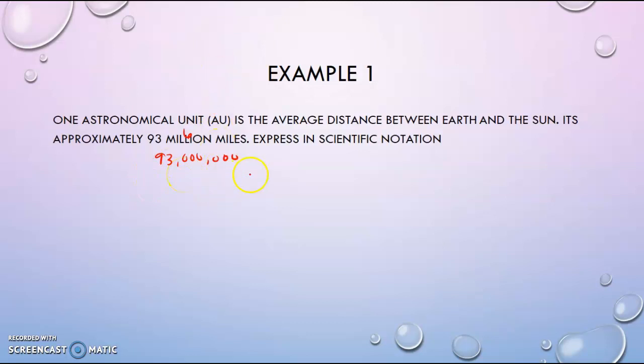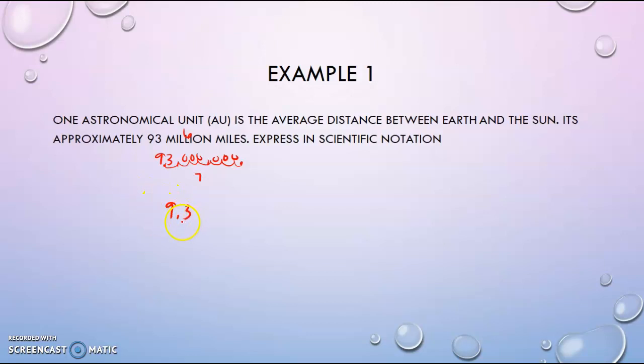Now we want to express it in scientific notation, which means I need to take my decimal, which is here at the end, and move it 1, 2, 3, 4, 5, 6, 7 places. So that's 7 moves to get it between the 9 and the 3. And so 9.3. This is a good example of the fact that when I say between 1 and 9, I'm really just talking about this digit in front of the decimal.